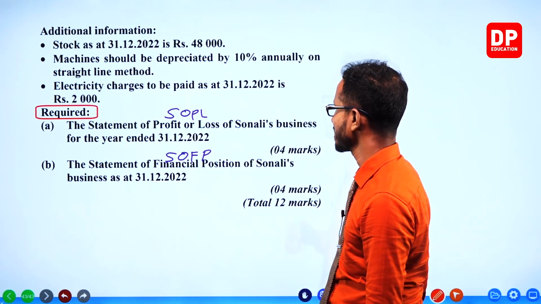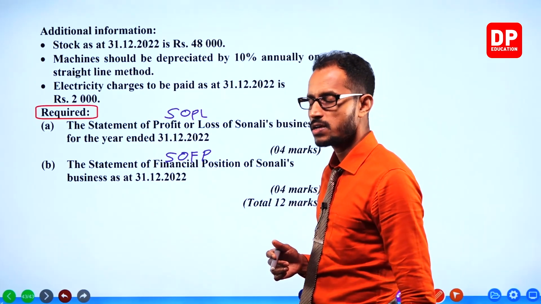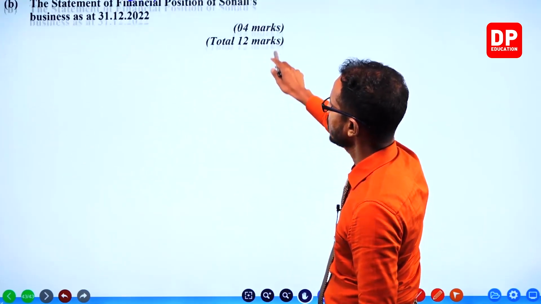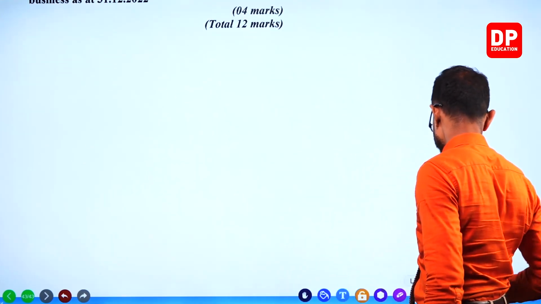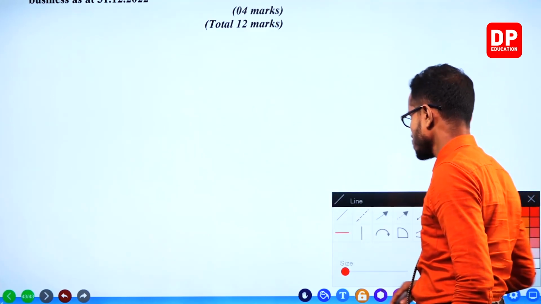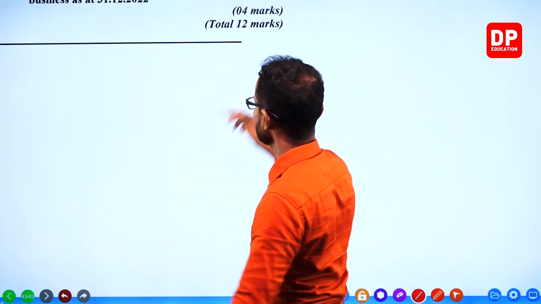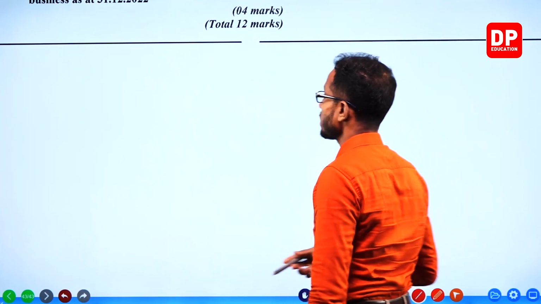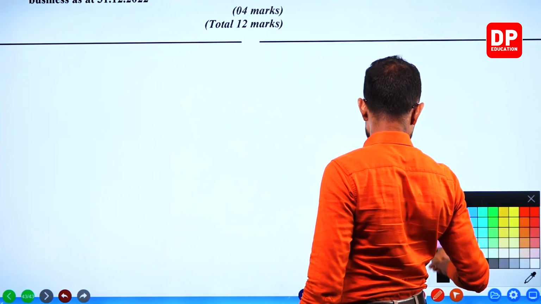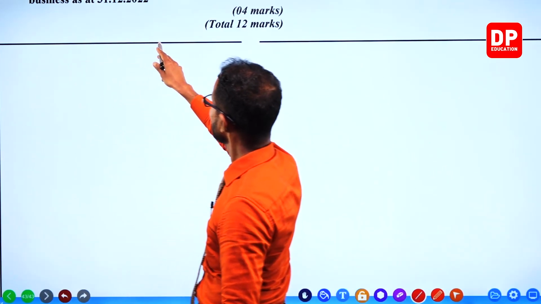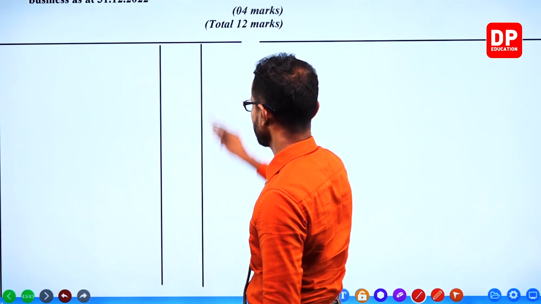All right, first let's draw the statements. I have very clearly mentioned several times how to do these financial statements. First of all, you draw the statements with all the information items.